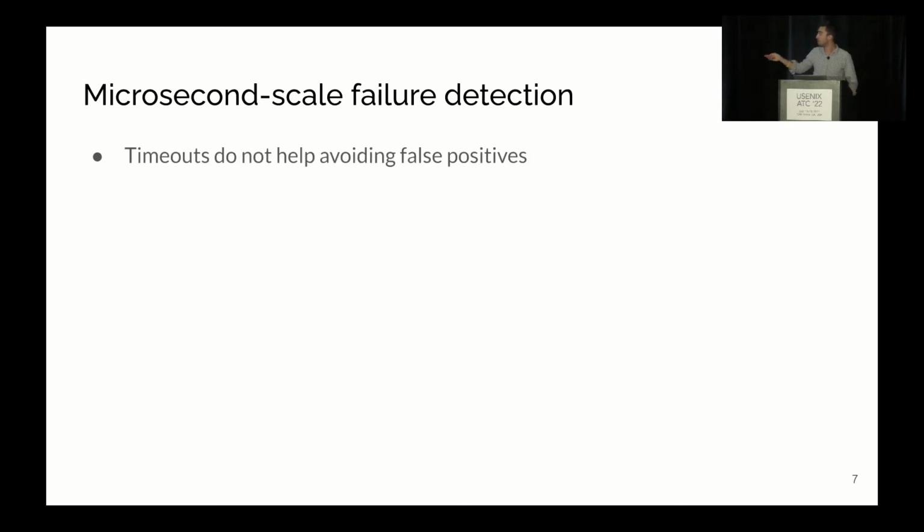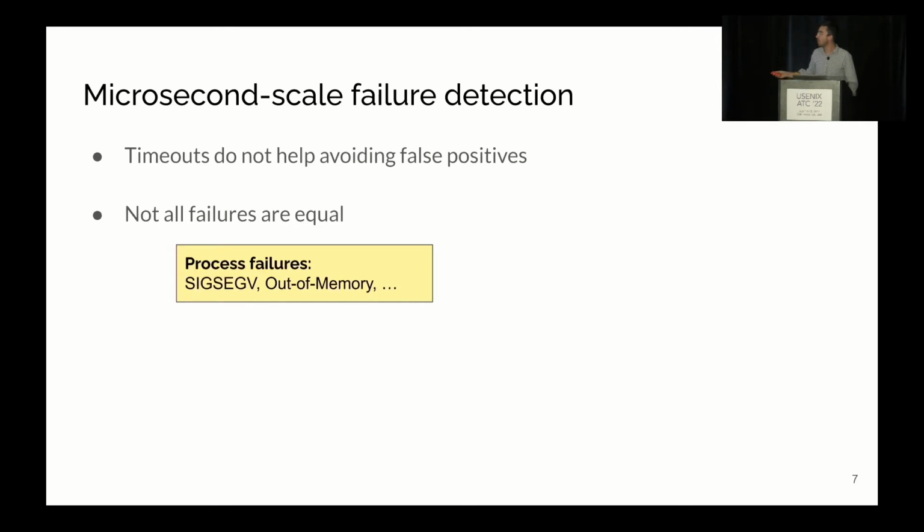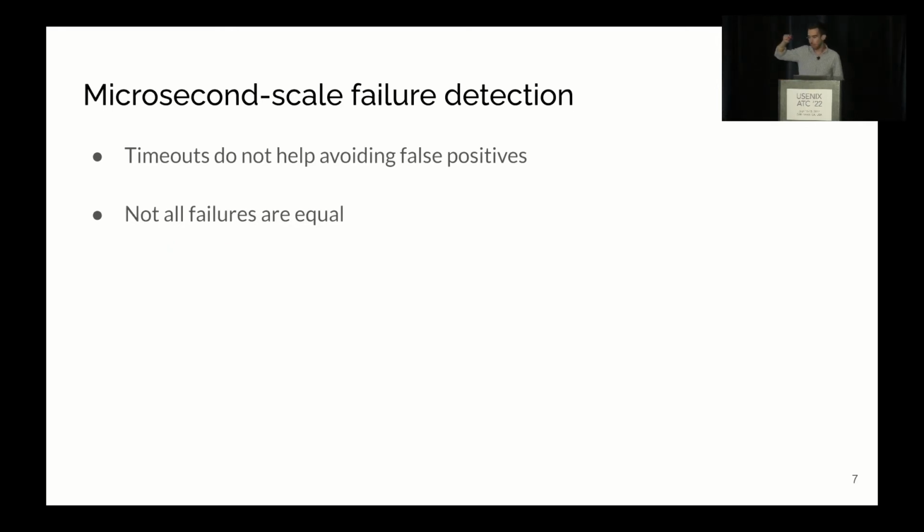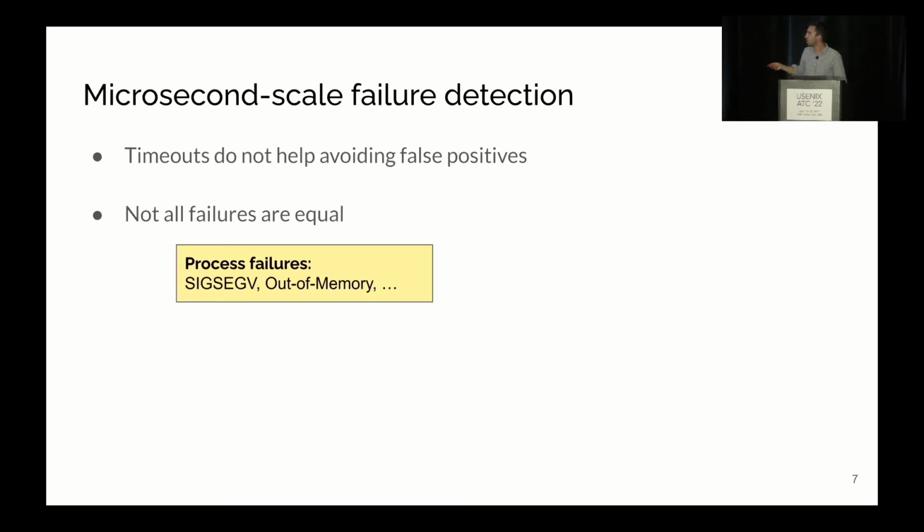So timeouts do not help, and uKharon works around this issue by recognizing that not all failures are equal. Actually, there are many kinds of failures, and for many of them, you don't need to rely on timeouts. For instance, when you have process failures, you can rely on the kernel to get some help and to avoid timeouts.